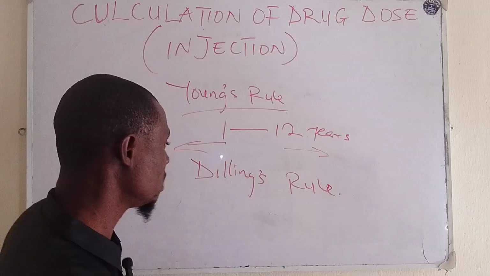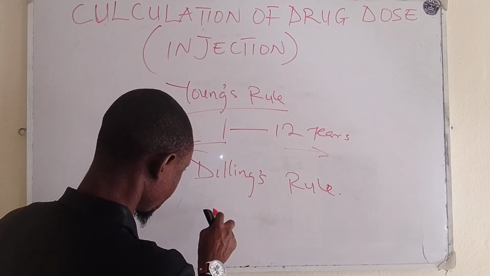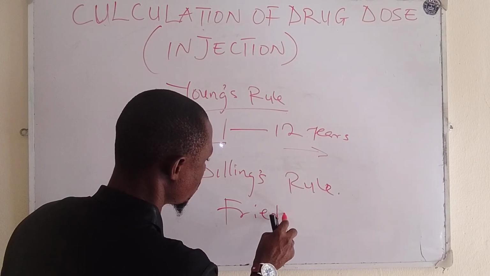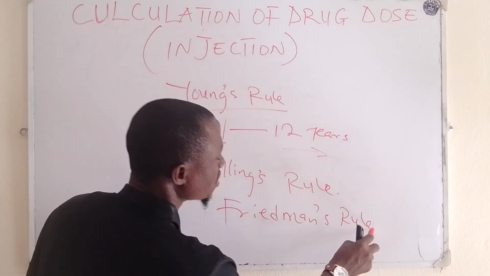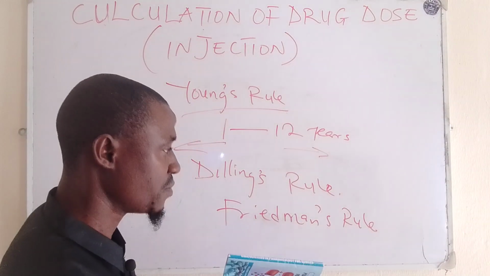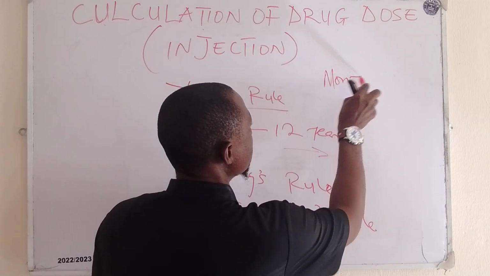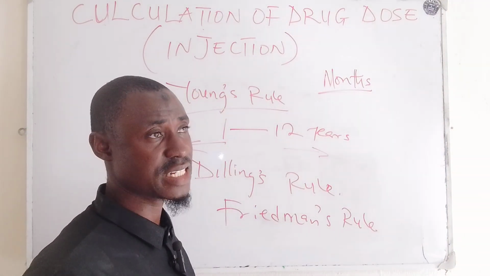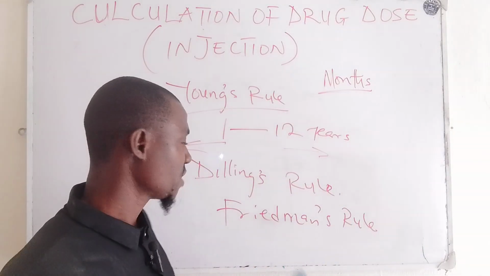Then the third rule, which is still one of the age-based rules, is the Friedman's rule. Now the Friedman's rule is also focusing on age, but this time around not in years but in months. So if you want to calculate the dose of a drug for a child that is still within the age bracket of months, then you can use the Friedman's rule.